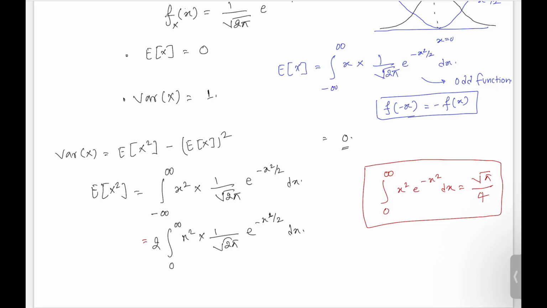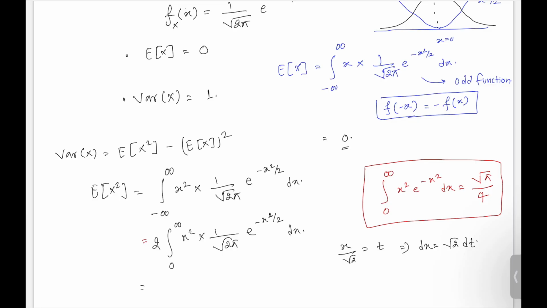Now let's try to bring this into the form we need. We have nothing here, we have just x square, so we need to somehow make this t square. There should be no other terms here. So what we can do is simply assume that x divided by root 2 is equal to t, then from here dx will be root 2 dt.